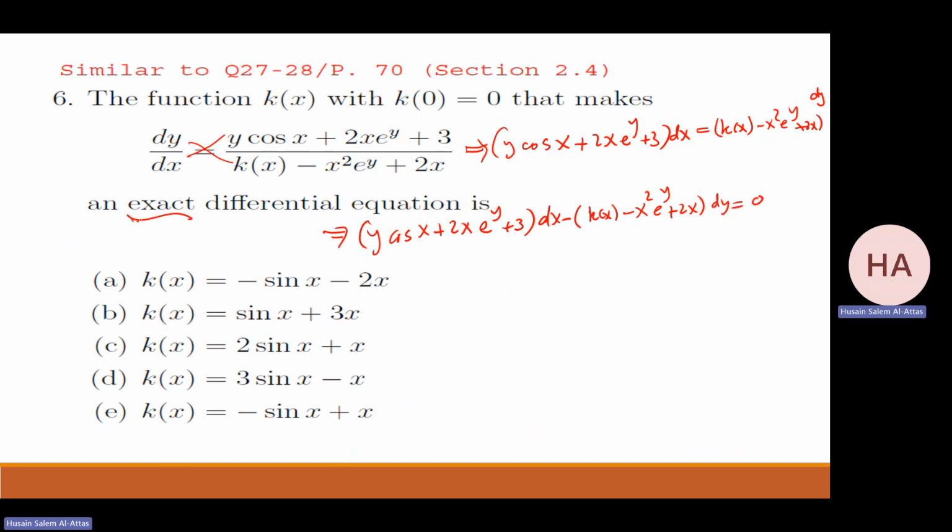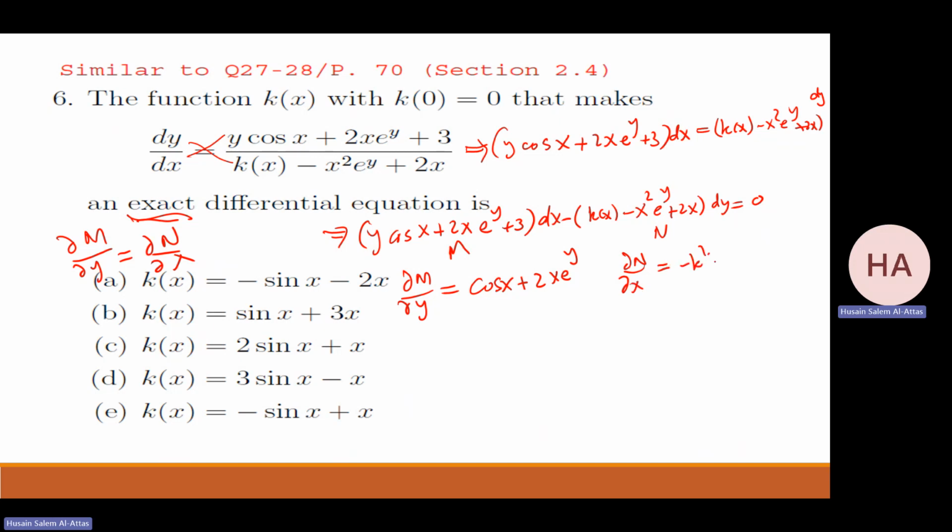He said it's exact, which means partial m with partial y equals partial n with partial x, where this is m and this is n with the minus sign. So partial m with partial y, I'm getting cosine x plus 2x e to y. What is partial n with partial x?